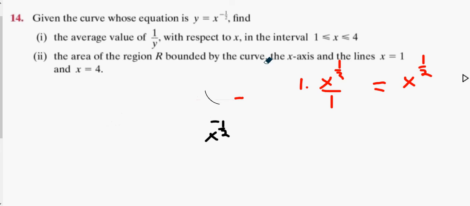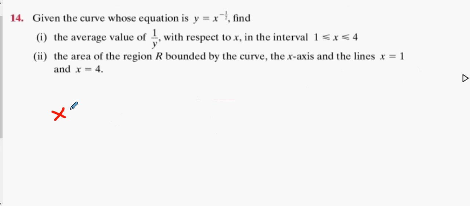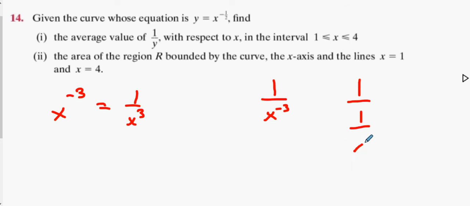Another good lad asking a question, no bother. Back in the day, x to the minus 3 would be 1 over x cubed. And if I had 1 over x to the minus 3, it would be 1 divided by 1 over x cubed.